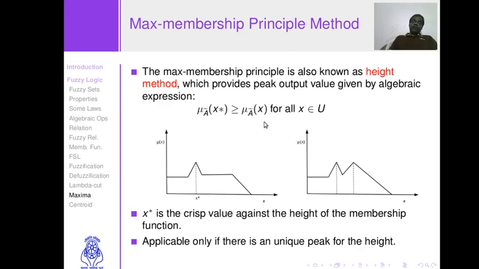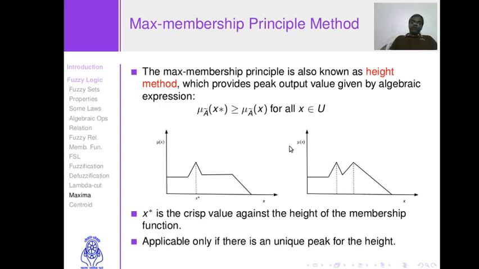But this method fails if there are multiple peaks of the same height, as shown in this figure. Here we have two peaks with the same height. So now the question arises: because there are two values corresponding to the maximum degree of membership, which one should we take?